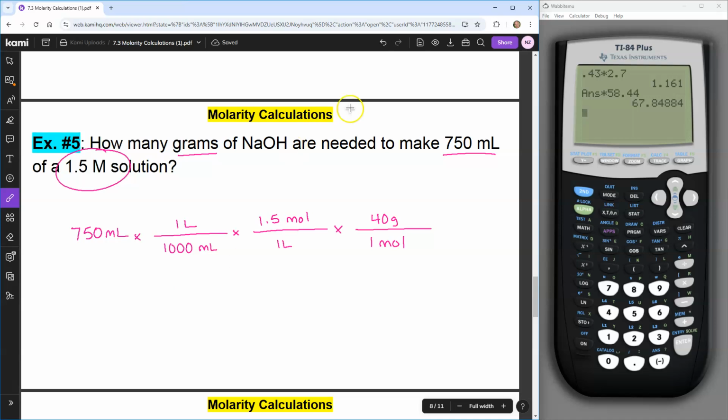Okay, so let's plug this into our calculator. You can do the conversion to liters separately, or you could do it together with the problem like I just did. It makes it a little bit easier, saves you a little bit of trouble having to rewrite everything. So I get 45 as my answer here, and it looks like 45 works perfectly because we have 2 sig figs.